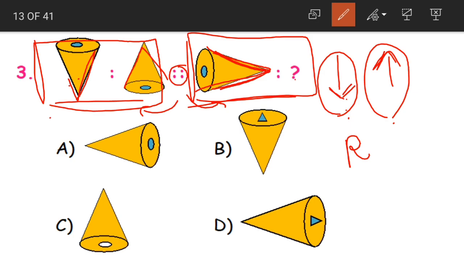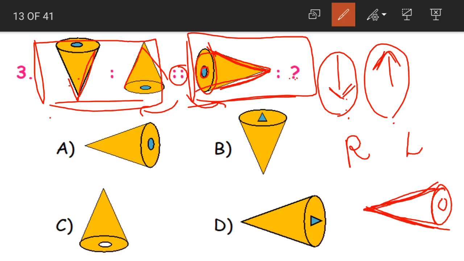So the next figure in the pair will face in which direction? The opposite of right is left. Yes, the pointing edge should face the left side like this. And we have a circle here, the cone part, and then inside that circle, see again we are having a small circle.